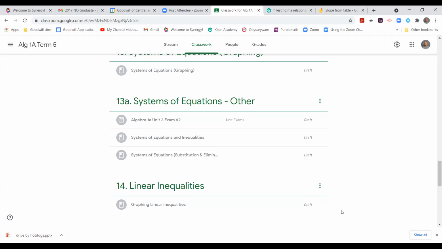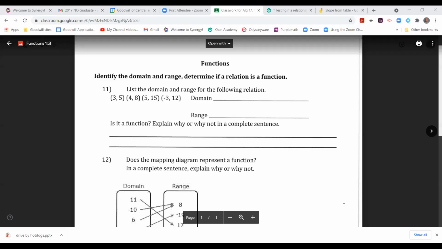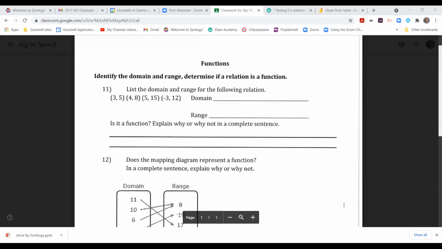Now, function is a strange kind of English word in a way, because not everyone uses it the same. When we talk about functions in algebra, what it really means is that one thing depends on another. One value or one statement depends on what you do with another one that precedes it.